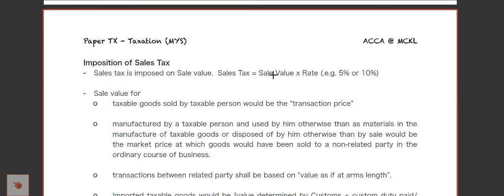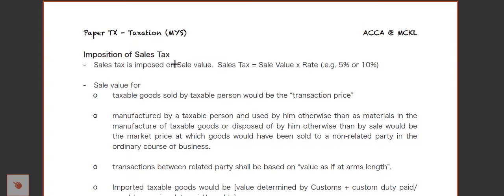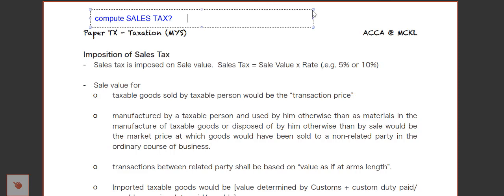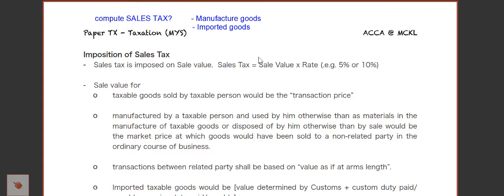Okay. Now how do you measure and how do you compute sales tax? Okay, so this is what we're going to see. How do you compute sales tax? Now we will have to look at the two situations: the manufactured goods and also the imported goods, because the rules are actually not the same.